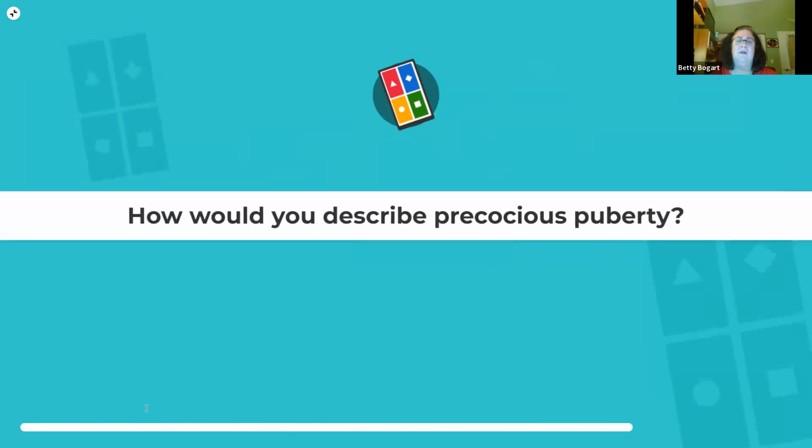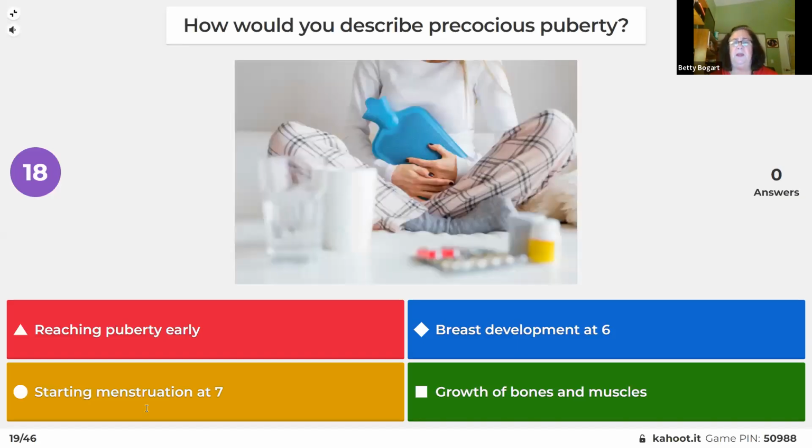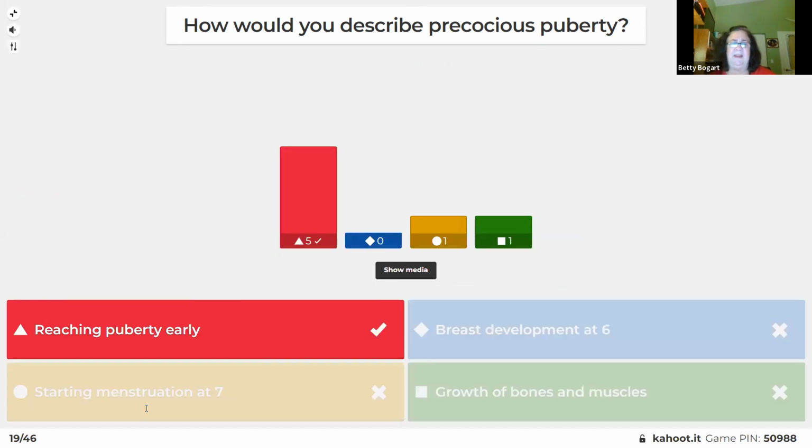How would you describe precocious puberty? Well, we know puberty usually occurs at a certain roundabout age, but this is when you reach puberty early, and it could be a 6-year-old young girl getting puberty.